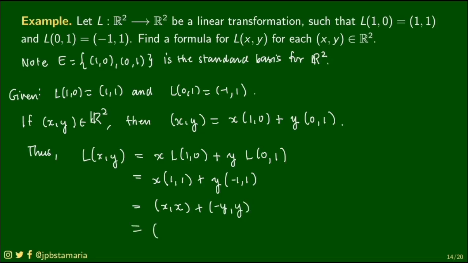And therefore, as a result, I get (x - y, x + y). So this gives us a formula for L of (x, y) for any x and y. There is a good geometric interpretation of this result, and I want you to figure it out.